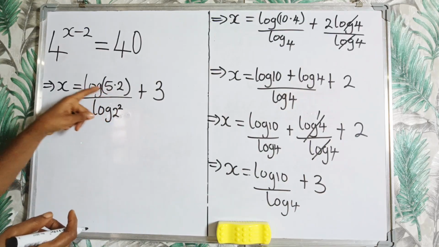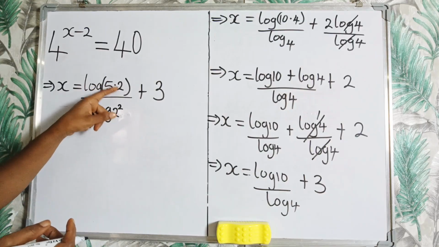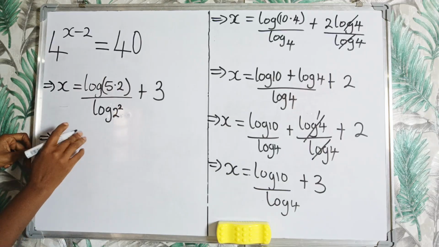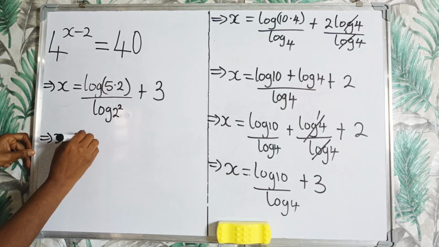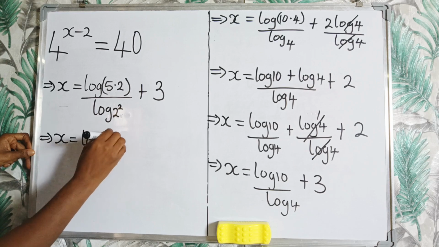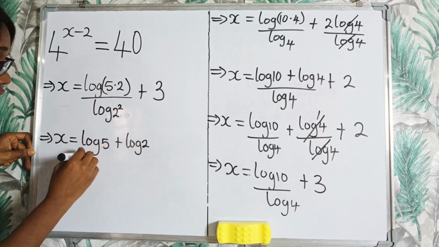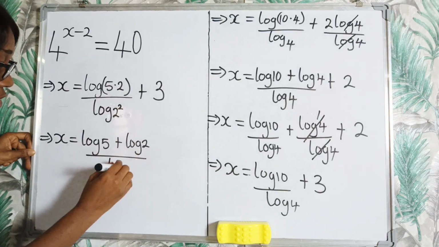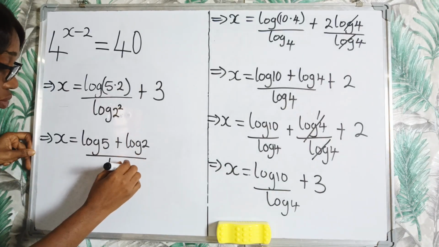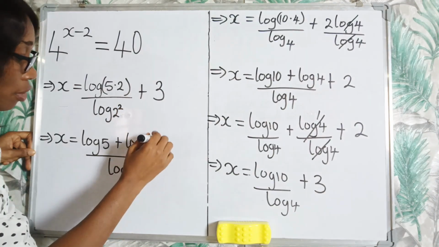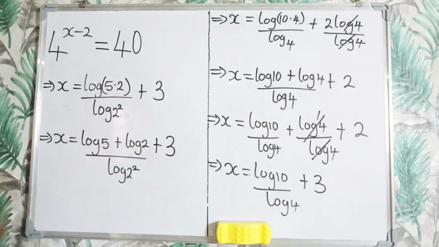We can rewrite this log 5 times 2 as x is now equal to log 5 plus log 2 divided by log 2 square plus 3.